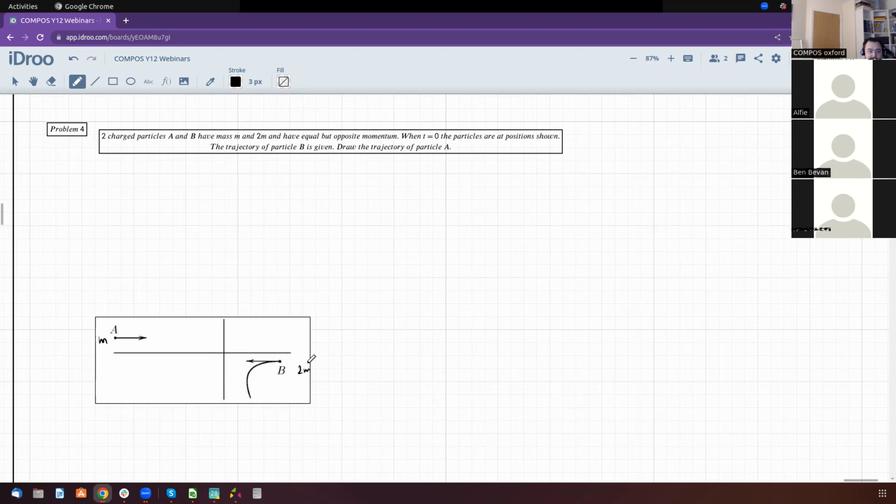When t is 0, the particles are at the positions shown. The trajectory of particle B is given. So particle B travels like this and then goes away. Draw the trajectory of particle A.